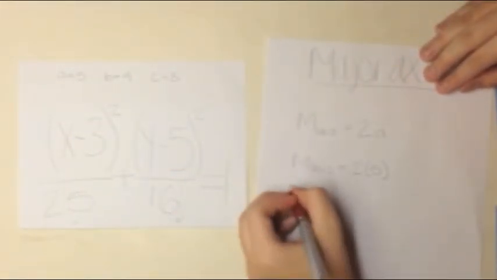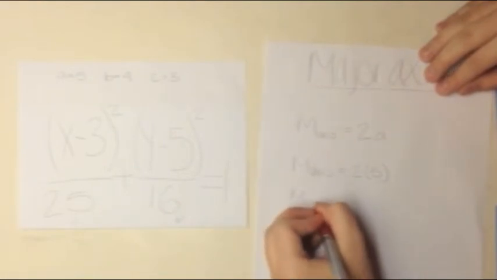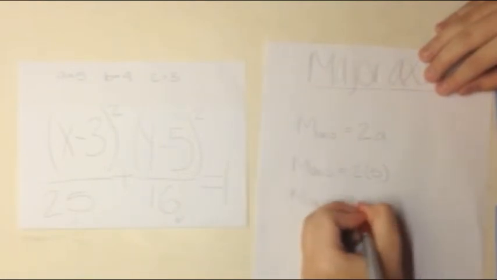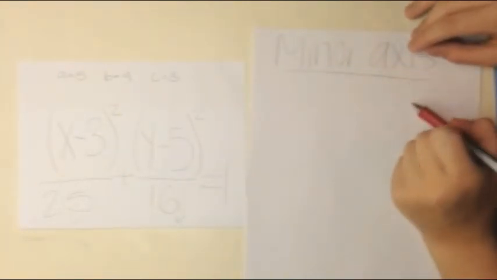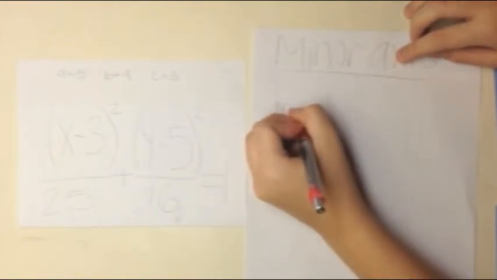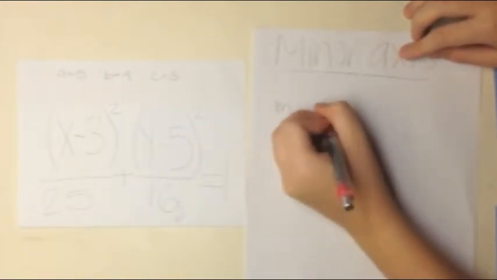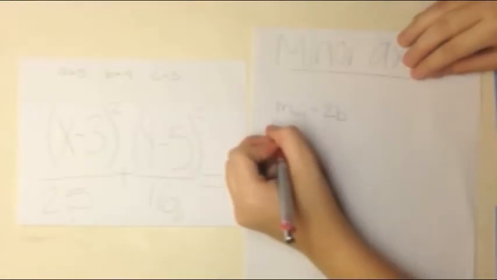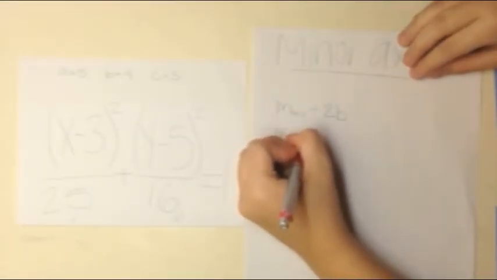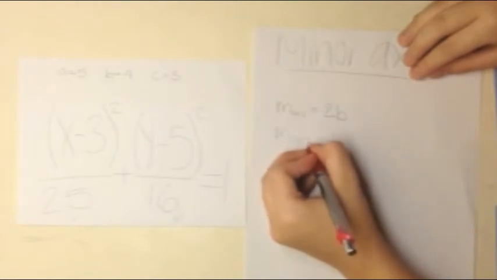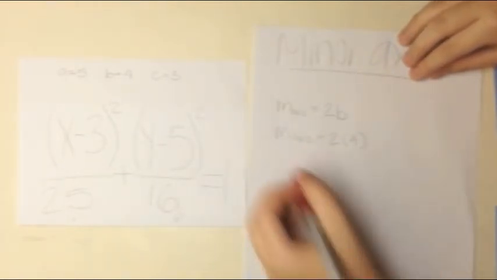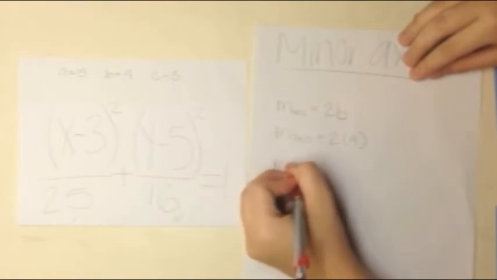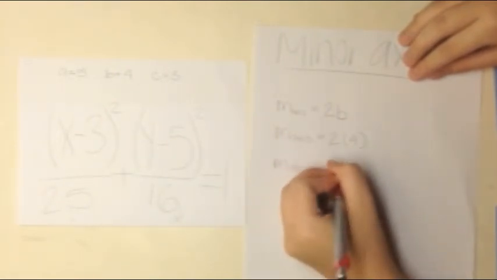If we solve all of this, the major axis will be 10. Minor axis. In this case it will be the b. So in here we'll make a little m axis equals 2b. So remember, little m axis is 2 times 4. If we solve all of this, the little m will be 8.